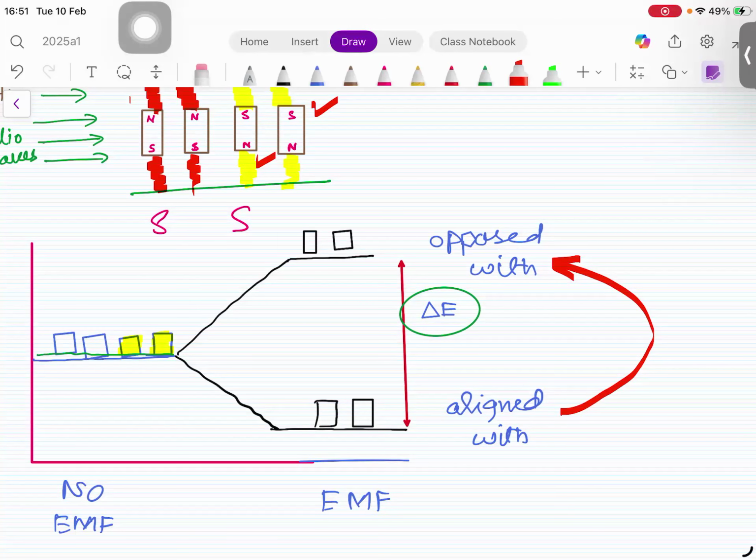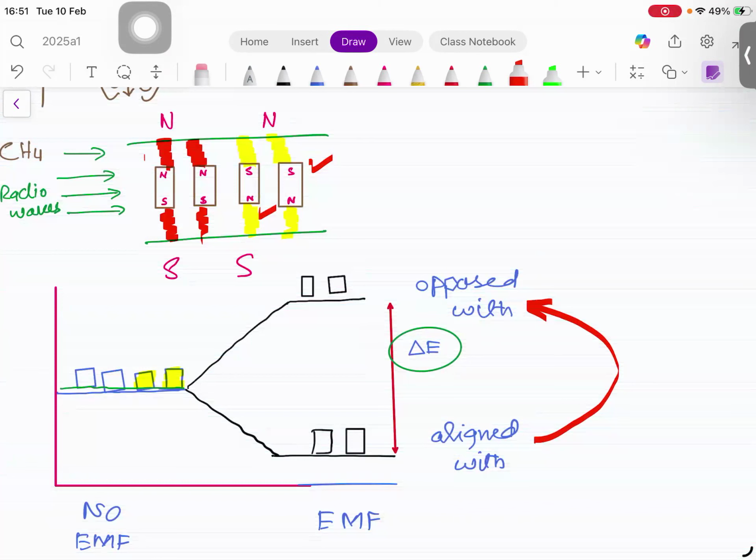Because the energy gap which is required for the flipping is actually the one which is equal to radio waves. So therefore, they absorb energy and flip to the higher. And when I collect this energy out, I'm explaining, and I collected it on a spectrum, and I found some part of energy missing.